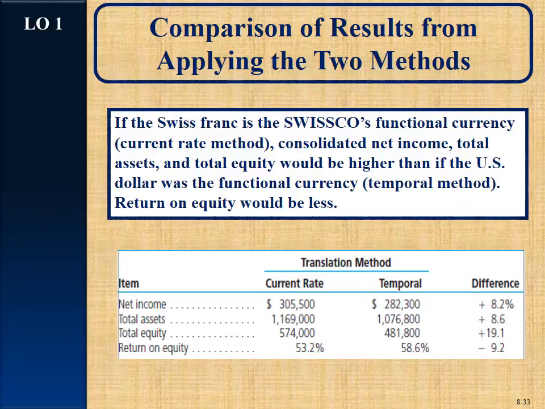And if you're sitting there saying, but they're the same thing, it's the way we convert it. So there's actually an 8% increase in the methods, just how we report net income. Total assets would be reported at a higher rate of 8.6% more. Total equity, 19.1% more. The return on equity, however, would be higher under the temporal method. So there's a decrease in the current rate.